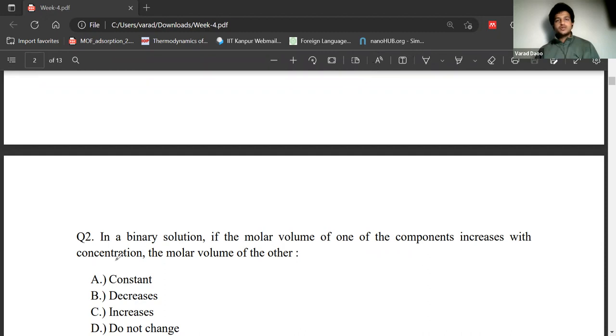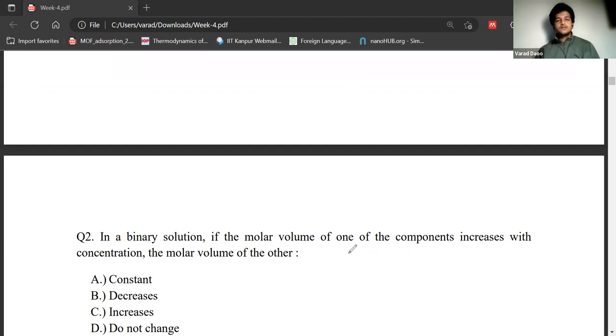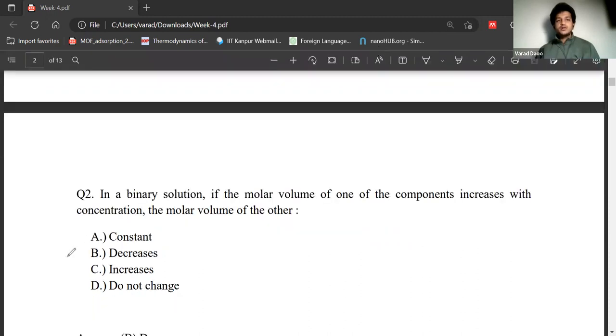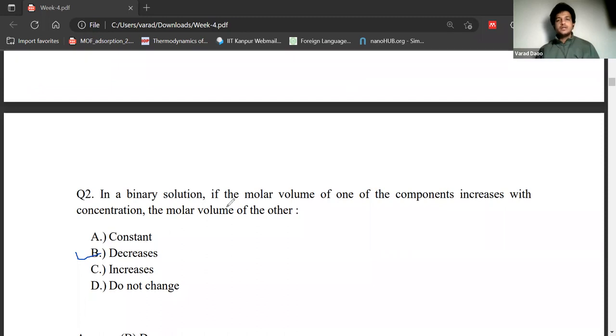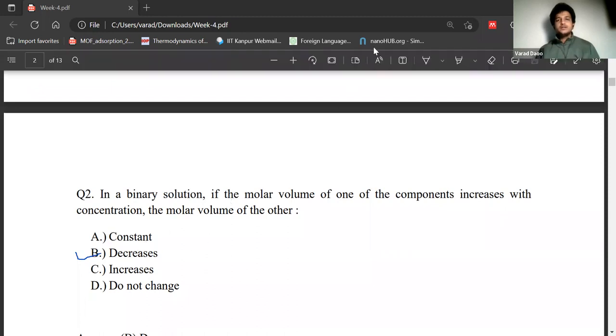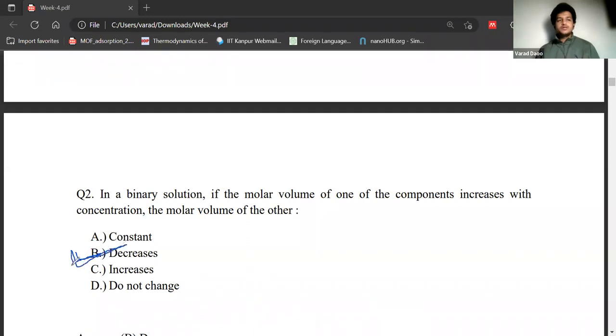Is anybody able to solve it? Anybody would like to answer? Anybody got the answer? The answer is option B, decreases. Right? Correct answer is option B. I can give one more hint.